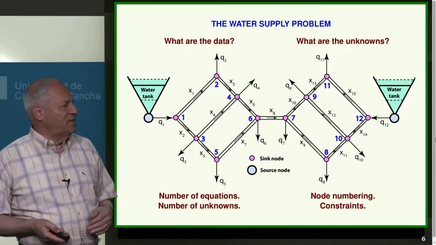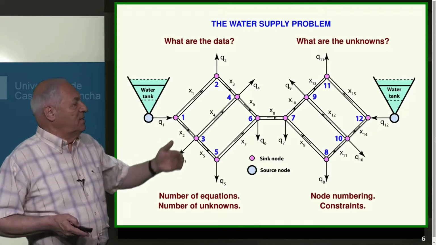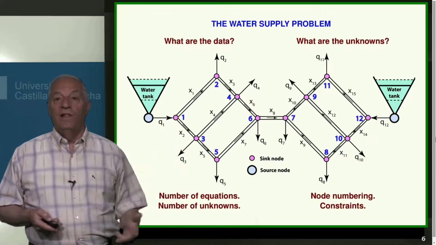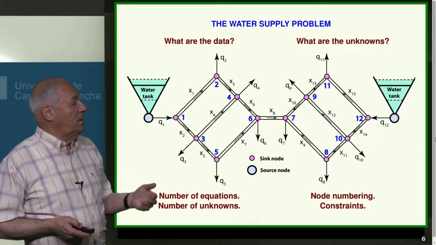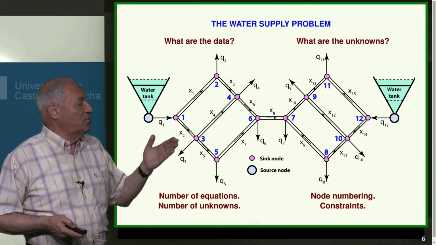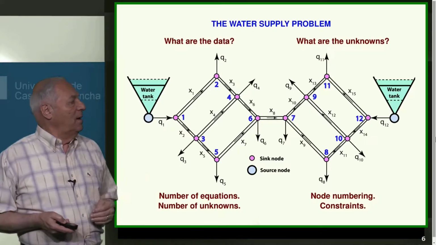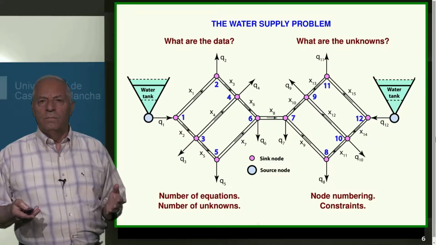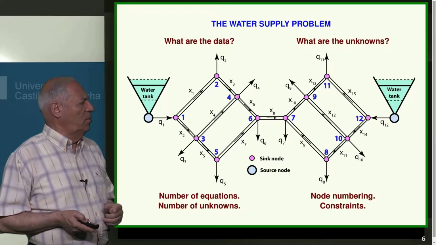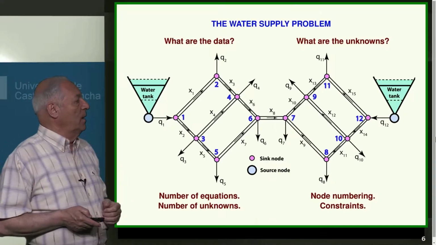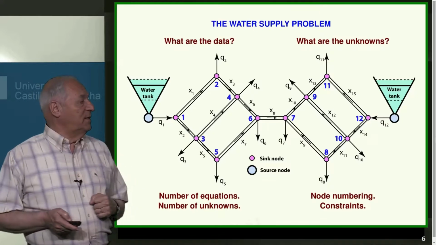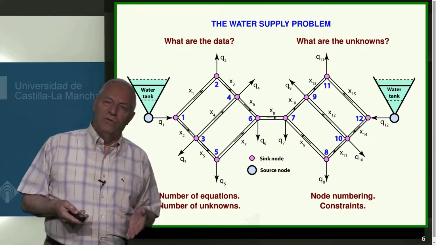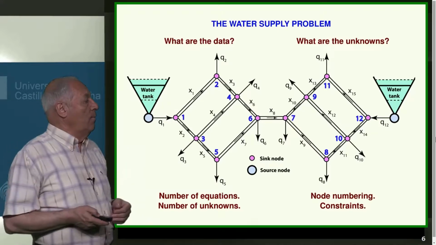But we put any one, and, if at the end the direction is the reverse one, what will happen is that the corresponding unknown will take a negative value, instead of a positive one. If it is positive, it means that the flow direction coincides with the initially selected arrow, otherwise, it will be negative, that is, the flow circulates in the contrary direction. So, do not worry about the direction of the arrows.